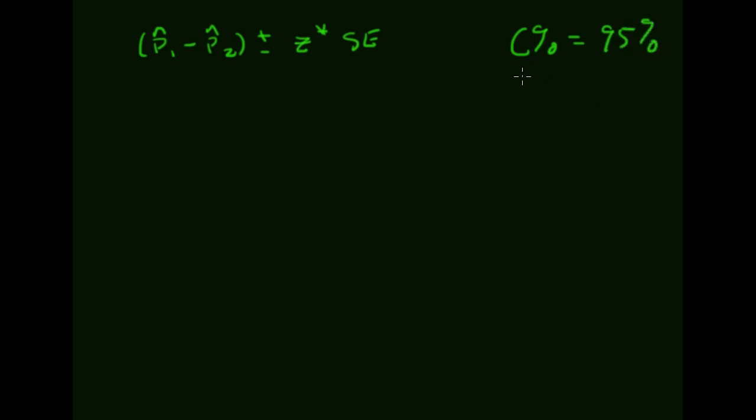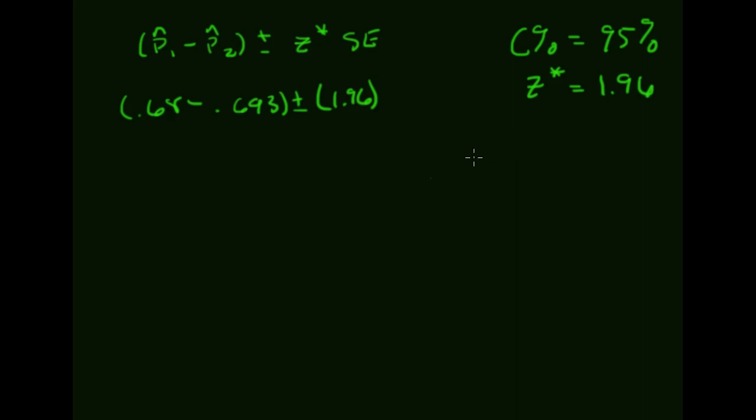And from some earlier work using invNorm, that means my z star is about 1.96. So my p hat 1 is 0.68 minus my p hat 2, 0.693, plus or minus my z star, which is 1.96, multiplied by my standard error.